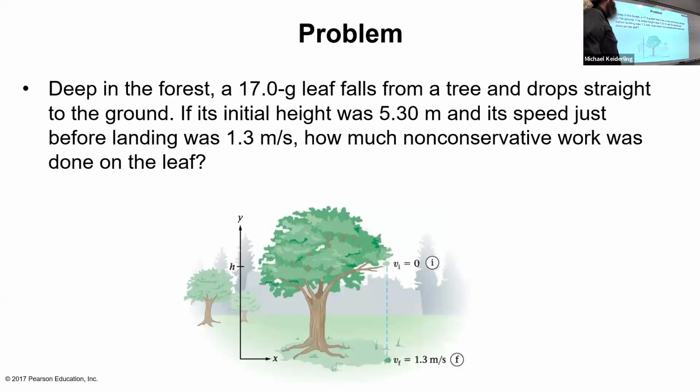So here, deep in the forest, a 17-gram leaf falls from a tree and drops straight to the ground. If its initial height was 5.3 meters and its speed just before landing was 1.3 meters per second, how much non-conservative work was done on the leaf?